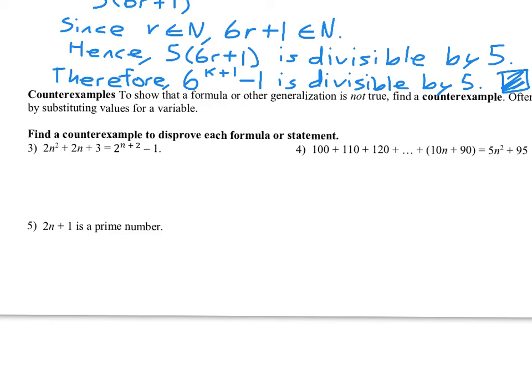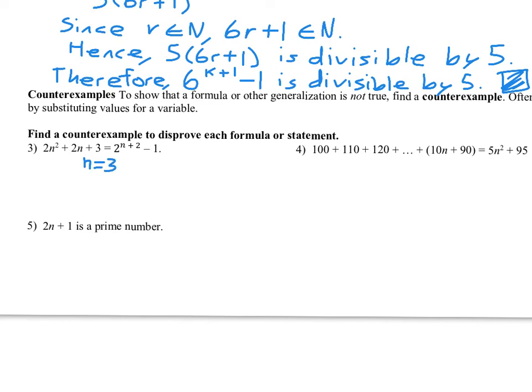Let's try 3 now. If we plug in 3, we get 18 plus 6 plus 3. We get 27 on the left. And we get 31 on the right. So I think 3 is a good number to be our counterexample. So all you have to do here is write n equals 3. And I want you guys to show work as well.